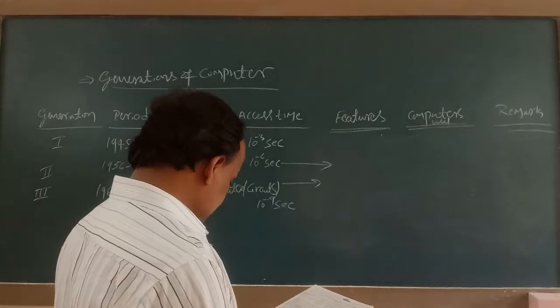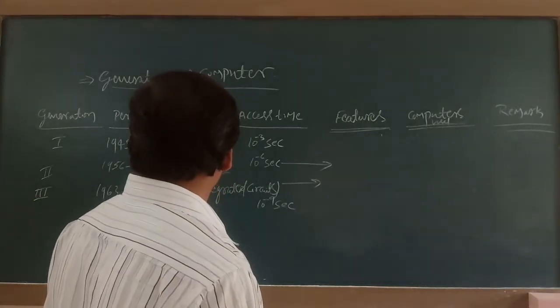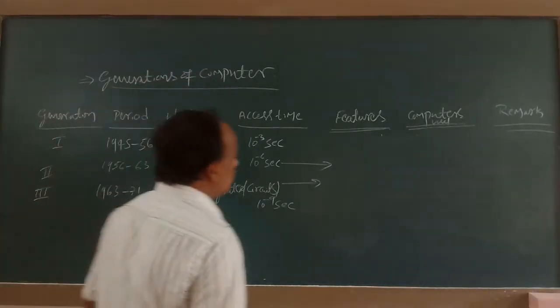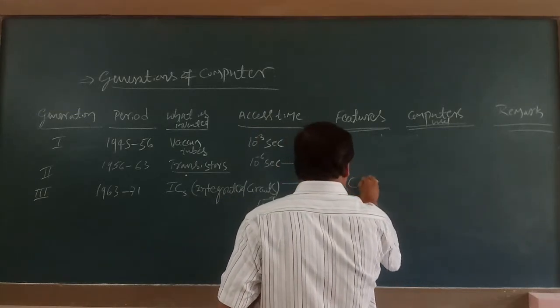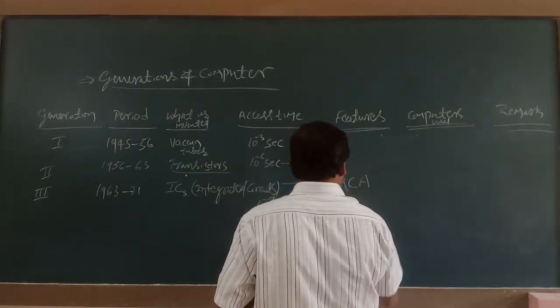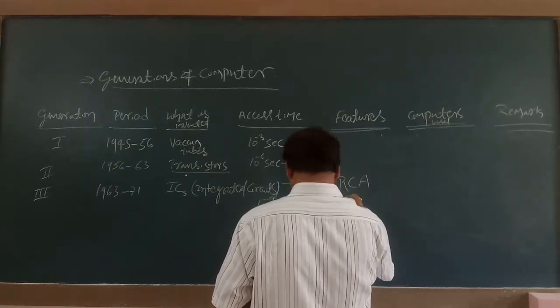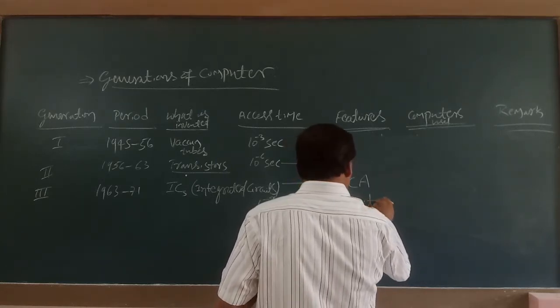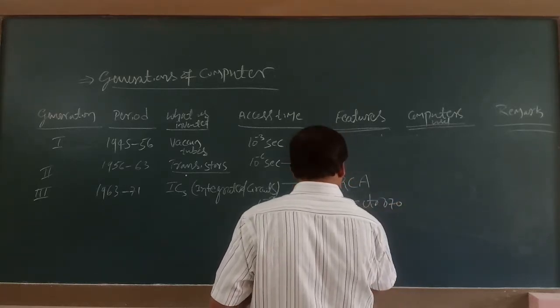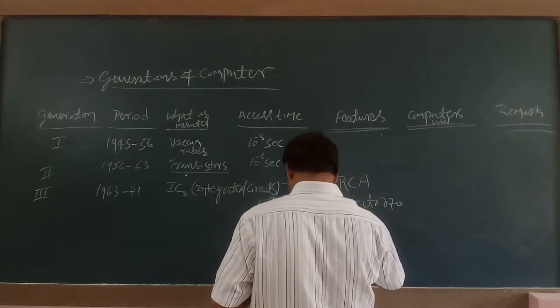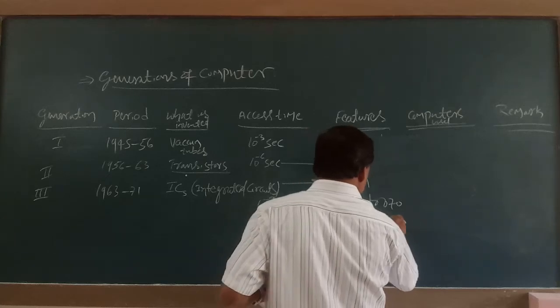And the next thing, examples for this third generation of computer means we can list RCA computer, Spectra-70, IBM 360.